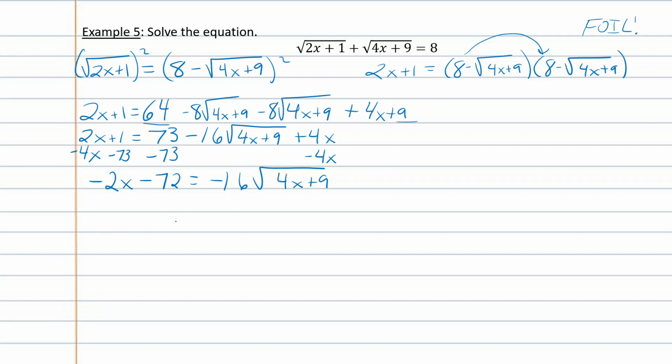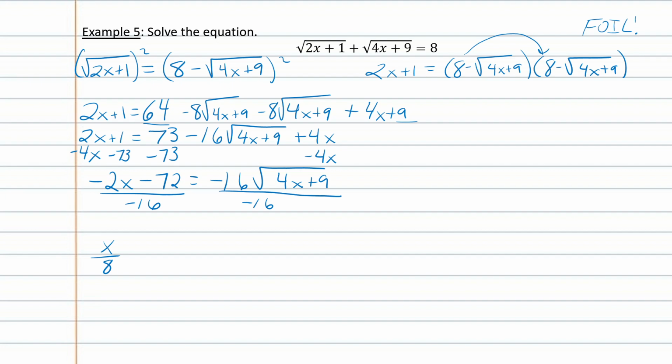Okay, then I need to get rid of the negative 16 on the right hand side, so I'm going to divide it over. And then that should simplify down to x over 8. And then how about we look at 72 divided by 16? That should simplify down to, what is 8 go into both of those maybe?